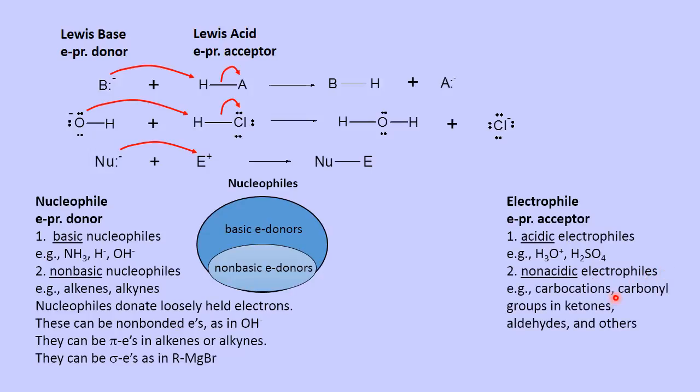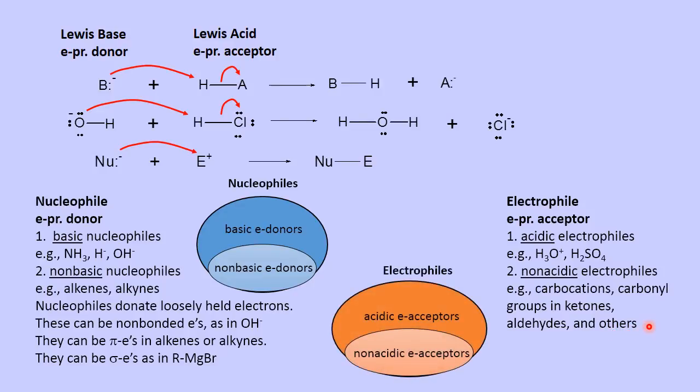They have an empty 2pz orbital. Or you'll see carbonyl groups in ketones, aldehydes, esters, amides, and the like other carbonyl compounds. We can think of electrophiles as being comprised of both acidic electron acceptors and non-acidic electron acceptors.